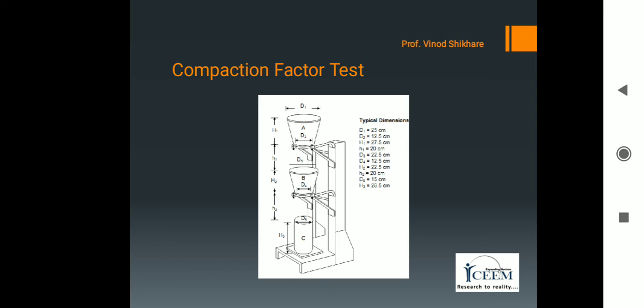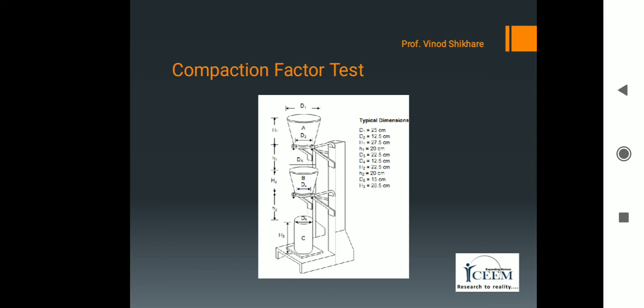The concrete in the cylinder is then flushed with the top of the cylinder. Let the weight of this concrete in the cylinder be W dash. Now the same concrete mix is poured in layers in the cylinder in a specified manner and is compacted in a standard manner to achieve full compaction.